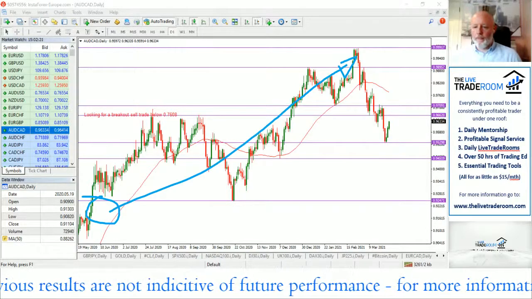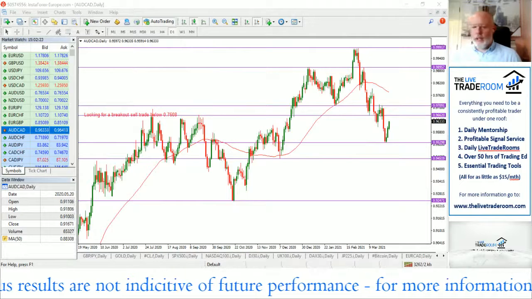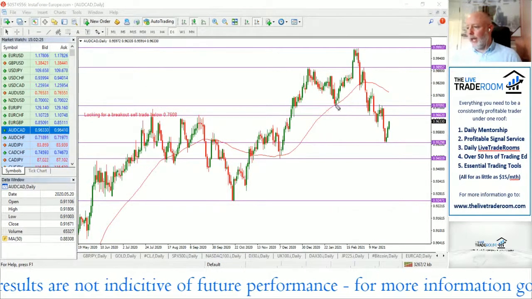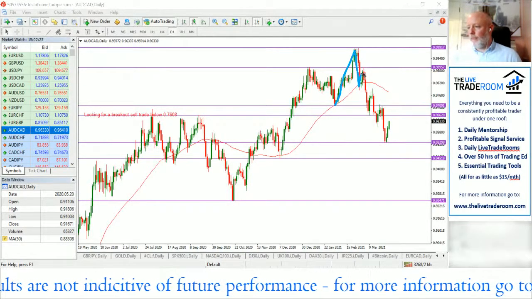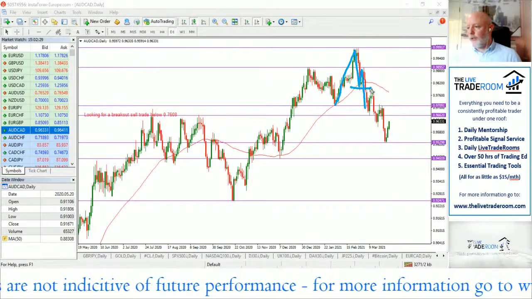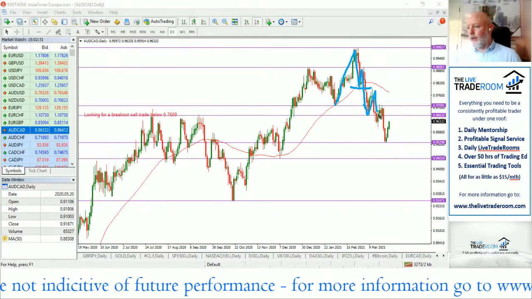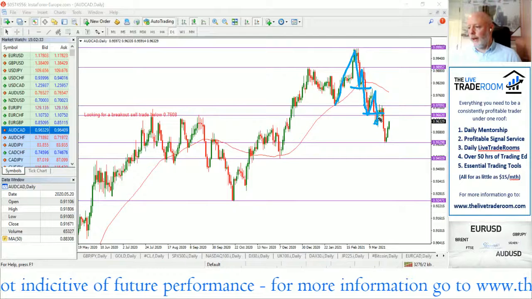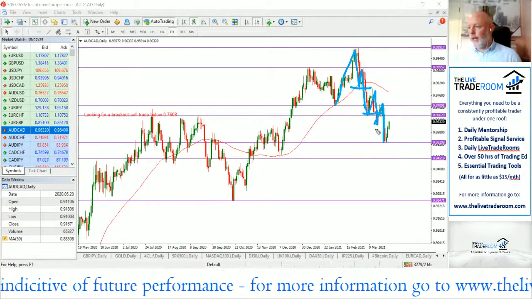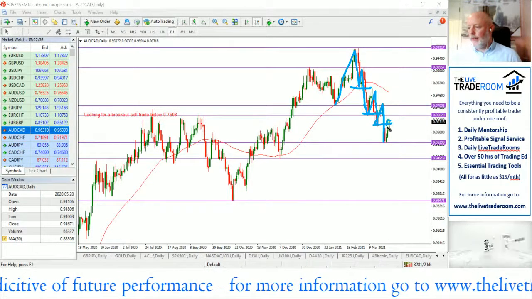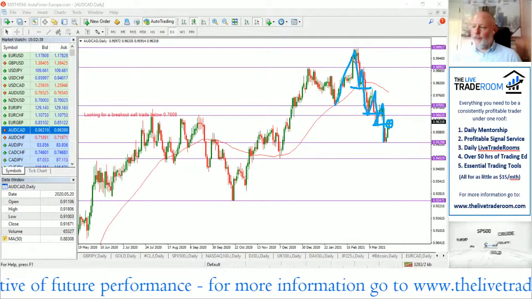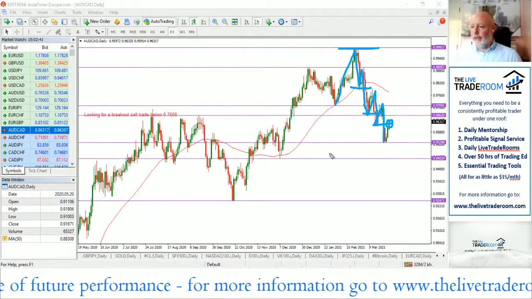However, something significant has occurred here, because we've had one structural failure to the downside, followed by two structural failures to the downside, actually followed by three. So we've had three structural failures to the downside.